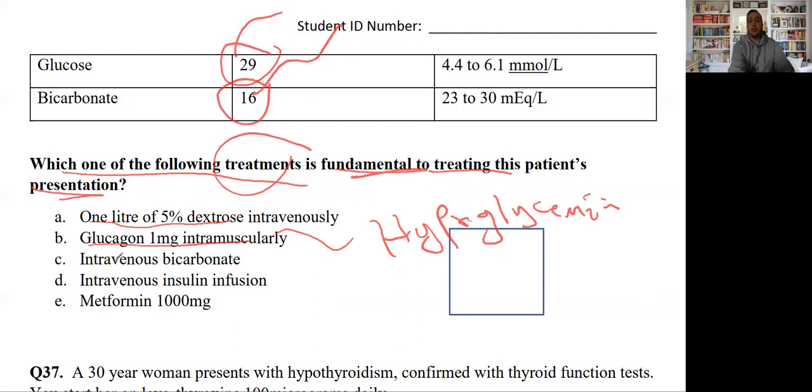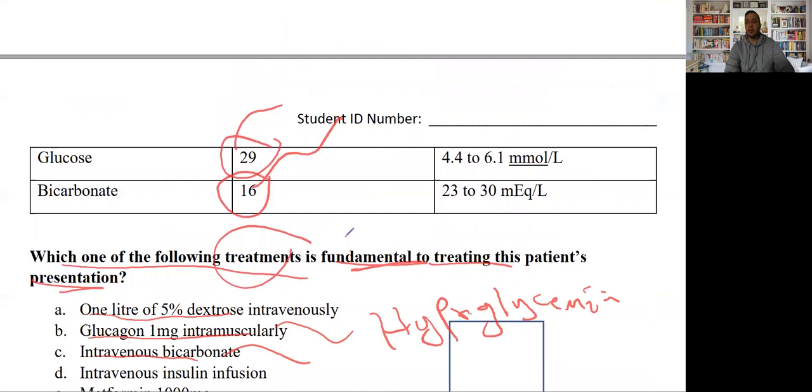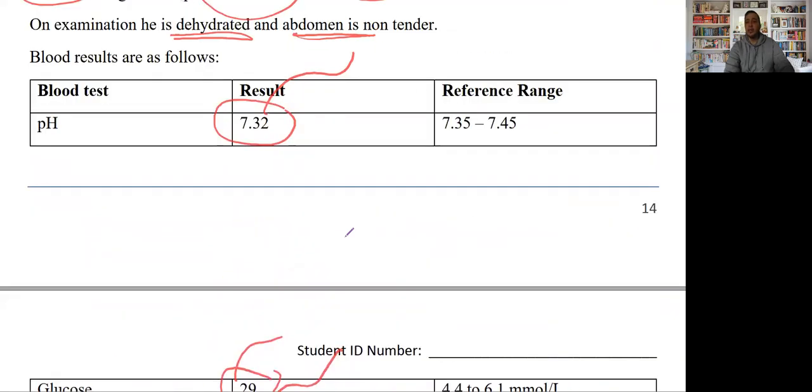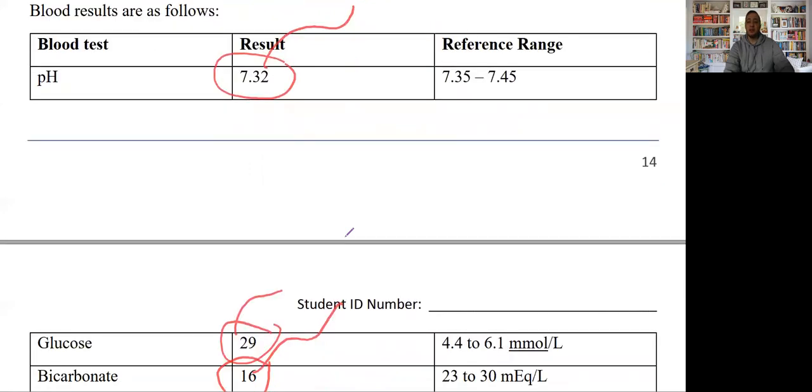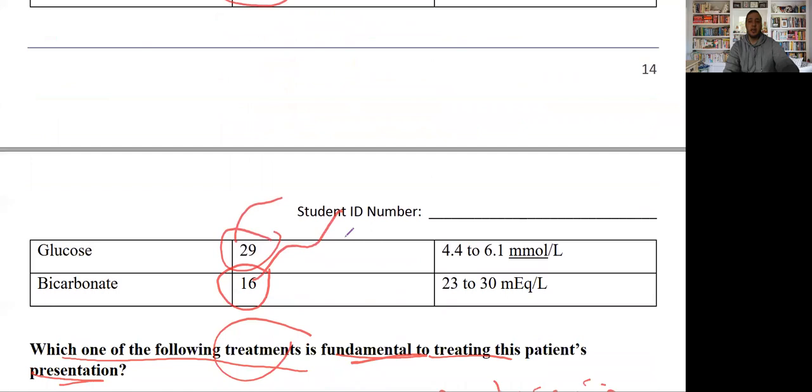Intravenous bicarbonate. This is wrong. Why? Because the usual indication for bicarbonate in the treatment of diabetic ketoacidosis is if the pH is below 7.1, and you might find in other references that it is below 7, or if we have arrhythmia with DKA, so we have to consider bicarb.